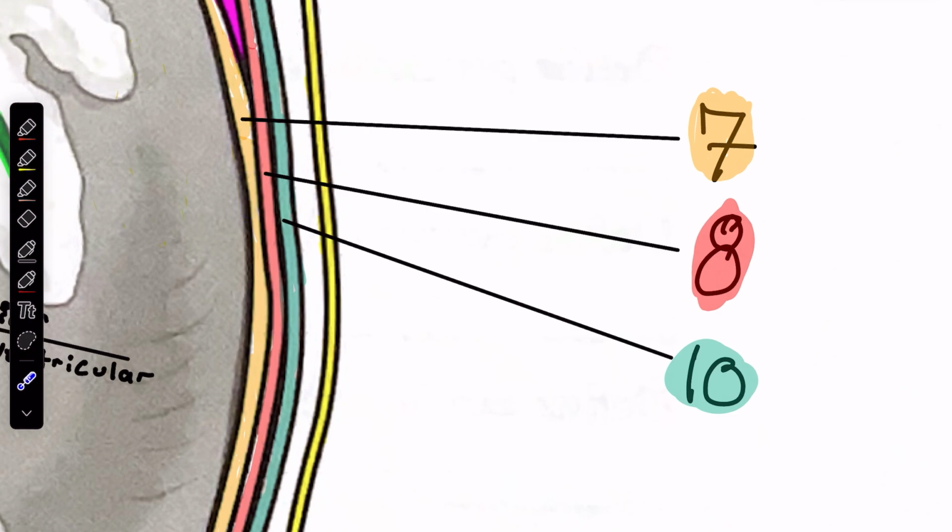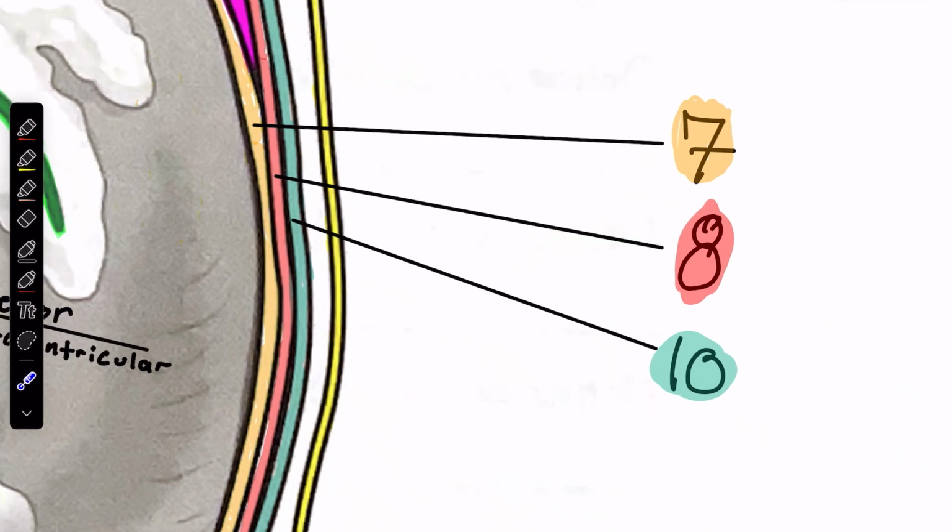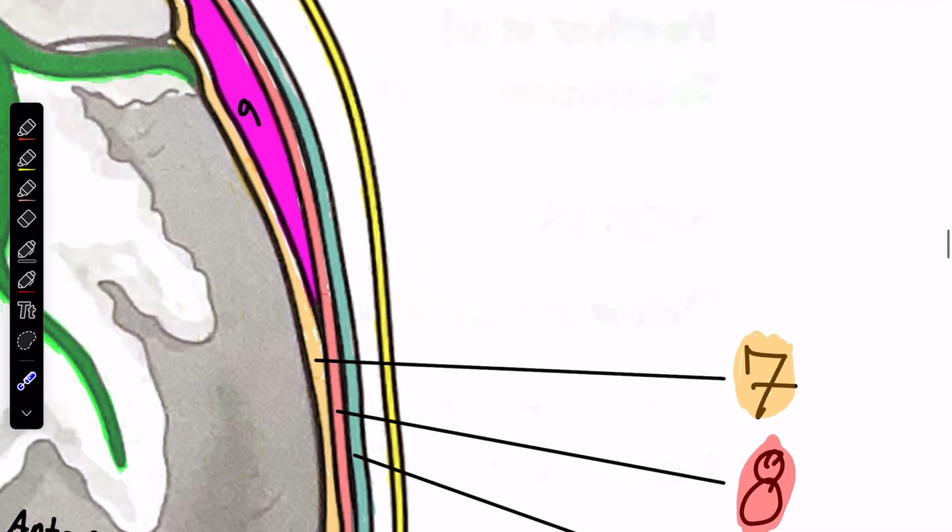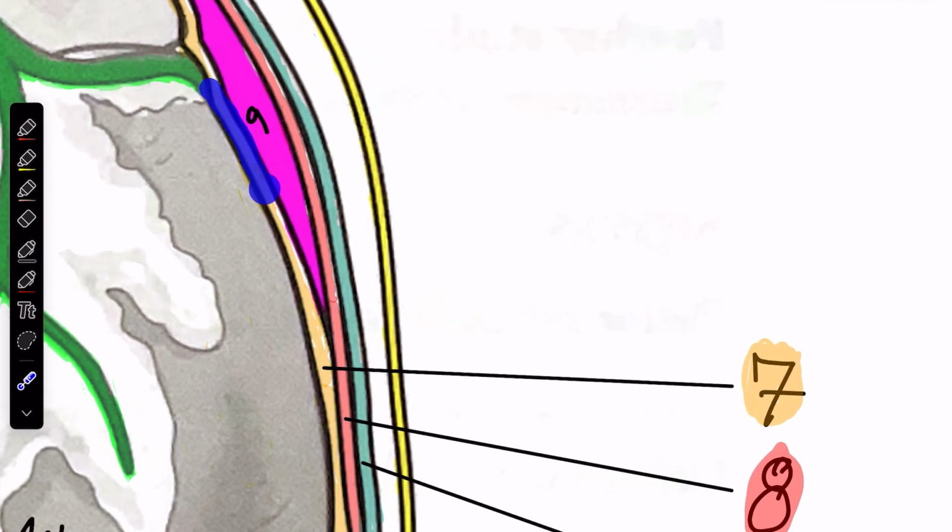And if you remember with our lungs, if you watch that video, you're going to have the visceral pleura, which is the layer that's just right outside of the organ, right? So we get this visceral layer, and then just like we did with the lungs, we have this pleural cavity.